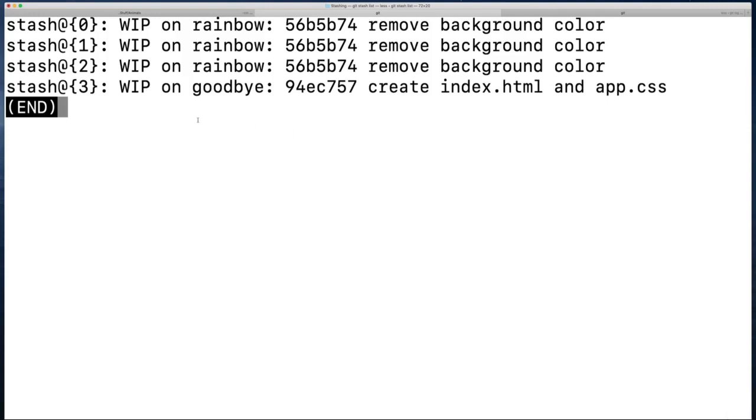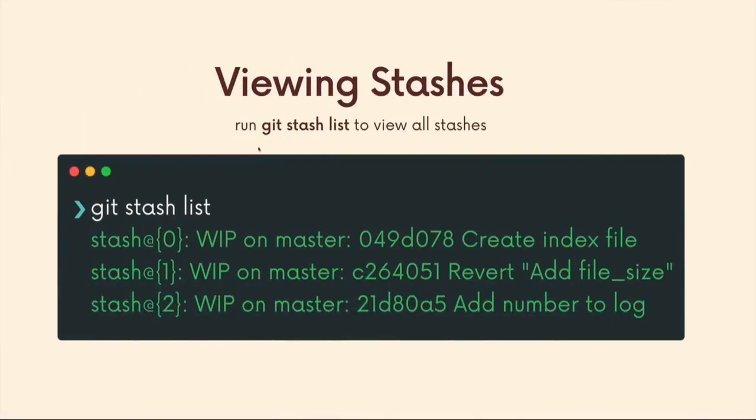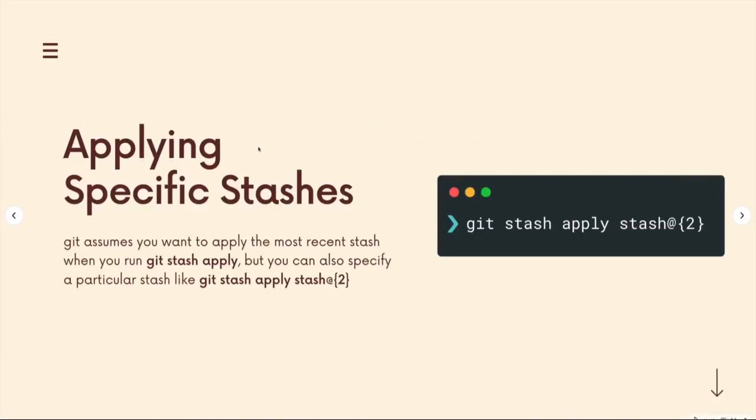So if I do git stash pop, for example, we will be popping this off and applying those changes. So maybe I don't want that. If I want red, which was the first one that we added from this branch, rainbow, I actually can reference particular stashes by using the little stash ID.